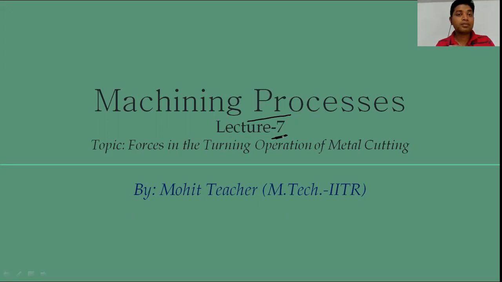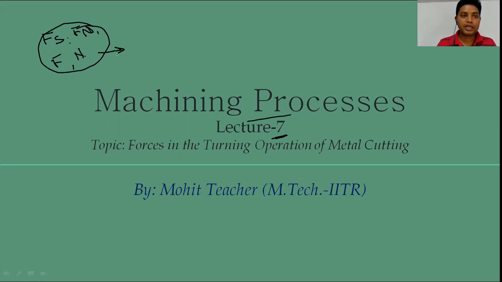That is completely based on the orthogonal cutting operation. If we simply say, we have Fs, the shear force, Fn, normal to shear, F, the frictional force, and N, normal to friction. All these four forces we can individually find out by using Fc and Ft.